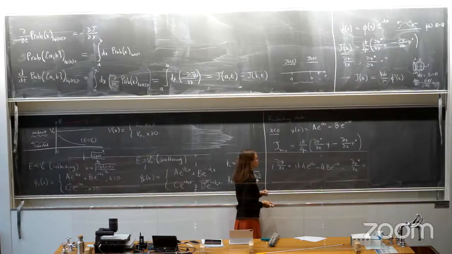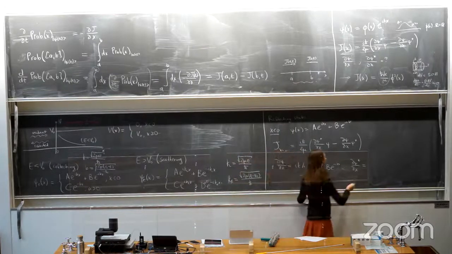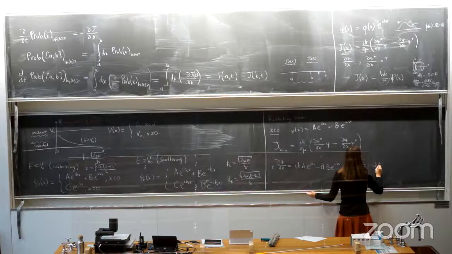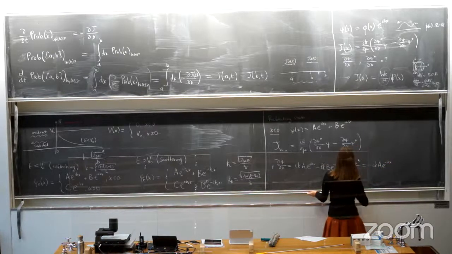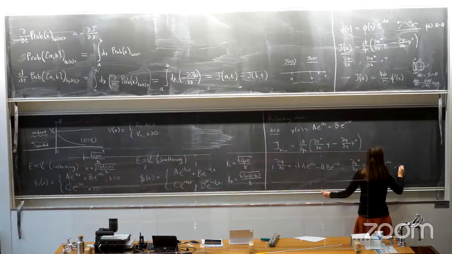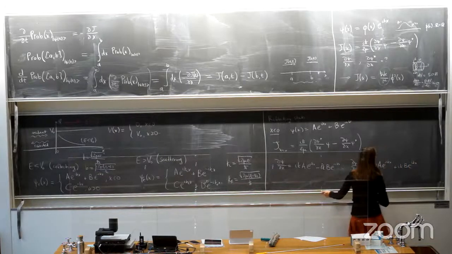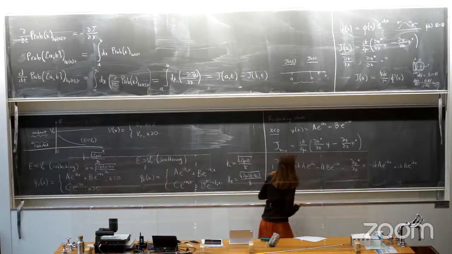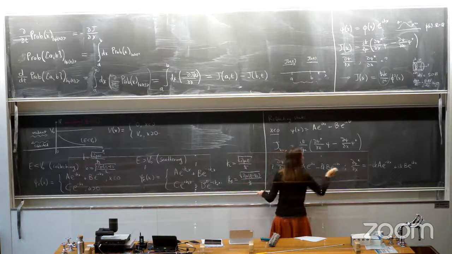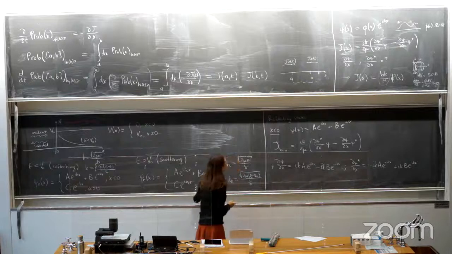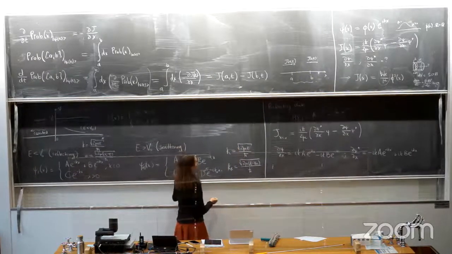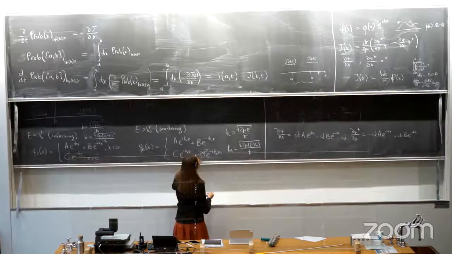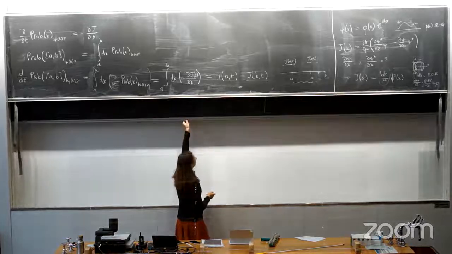So we get minus ik A e to the power minus ikx plus ik B e to the power ikx. Okay. And now we just plug it into the expression for the probability flow.